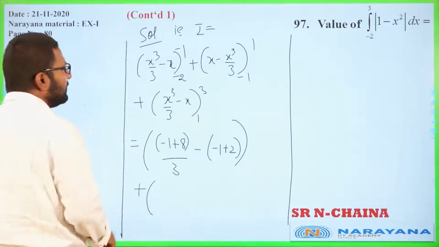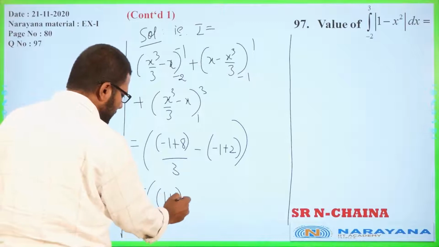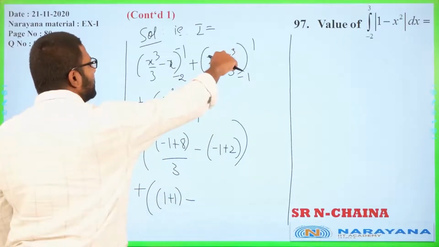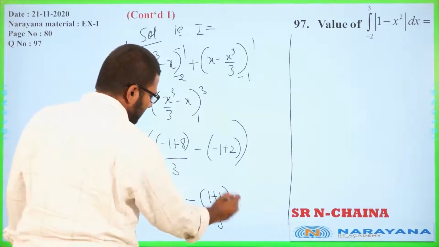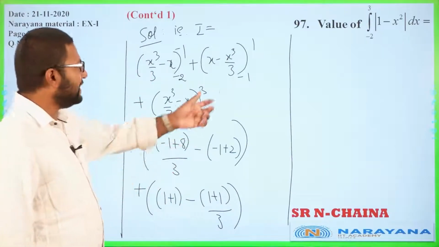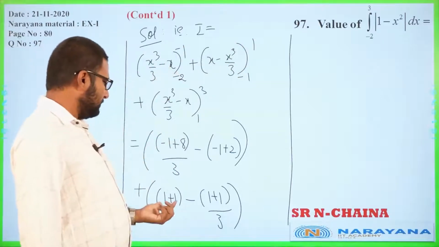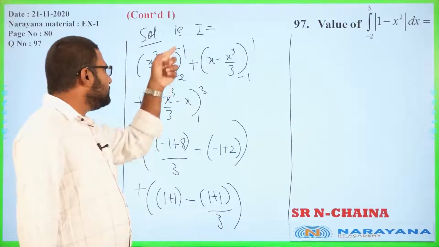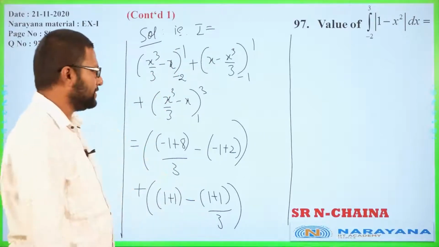Then the second bracket is 1 minus minus 1, so 1 plus 1, minus 1 cube minus minus 1 cube, so again 1 plus 1 by 3. You understand, right? Instead of substituting minus 1 completely and then minus 2 completely, I am just substituting the limits in each term, because it makes it easier to calculate the fractions.